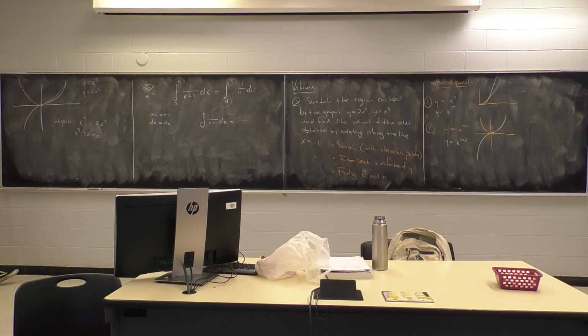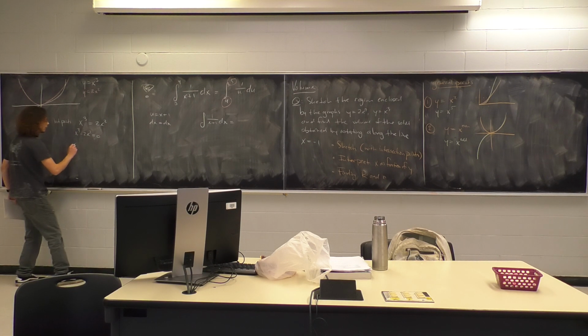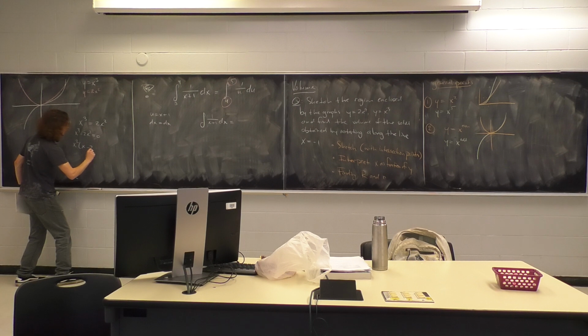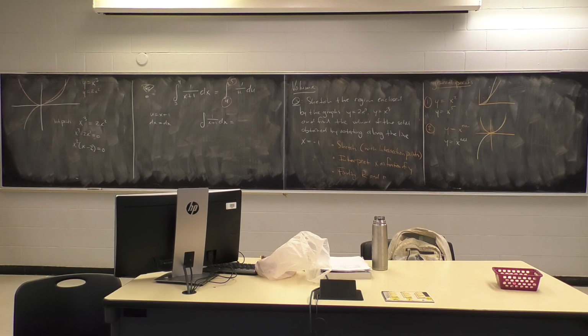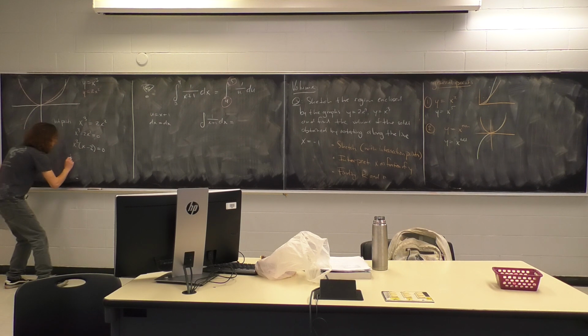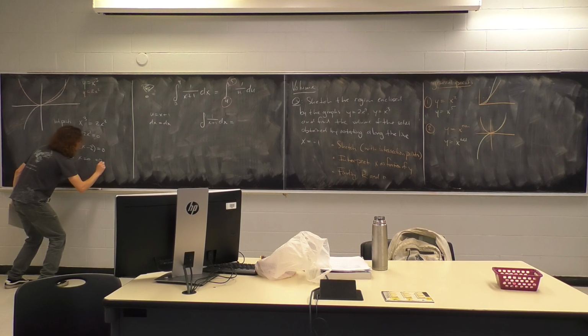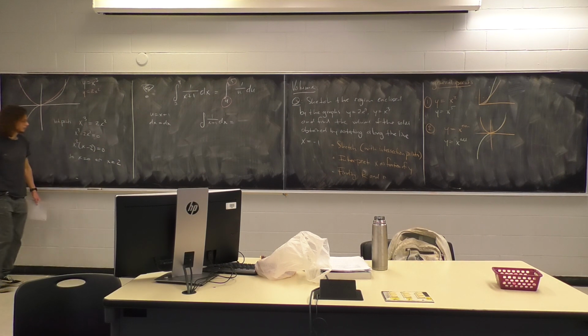It looks complicated because of the power 3, but then you realize you can pull out a factor x squared. We'll have x squared times x minus 2. So x equals 0 or x equals 2.